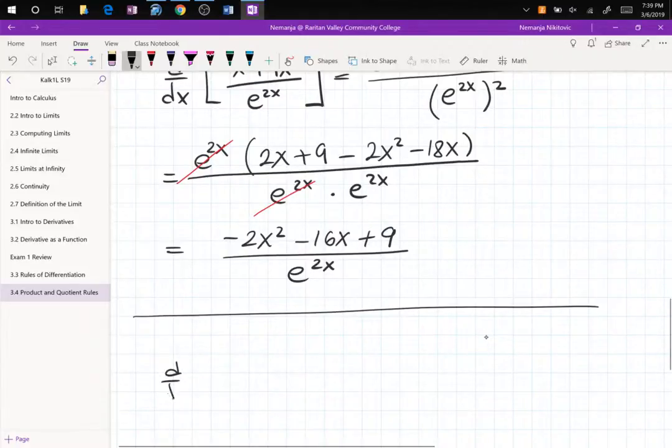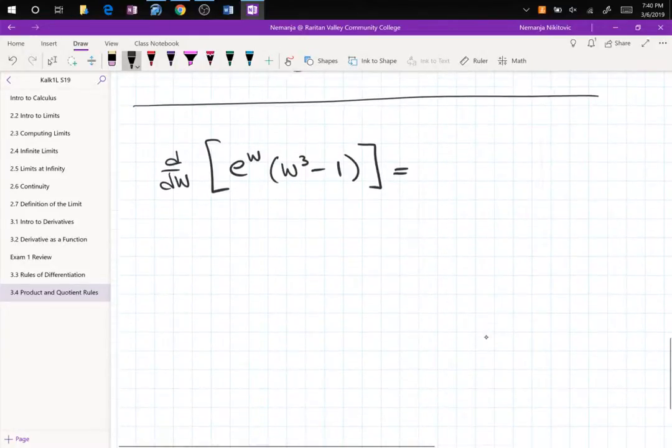How about the derivative with respect to w of e to the w times w cubed minus 1.